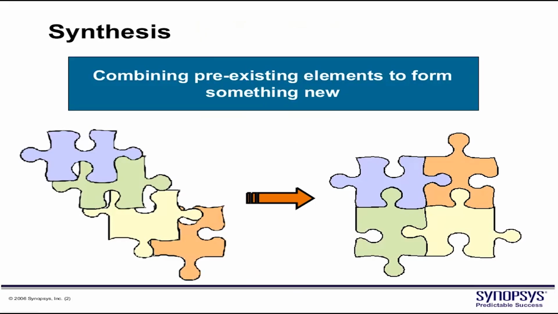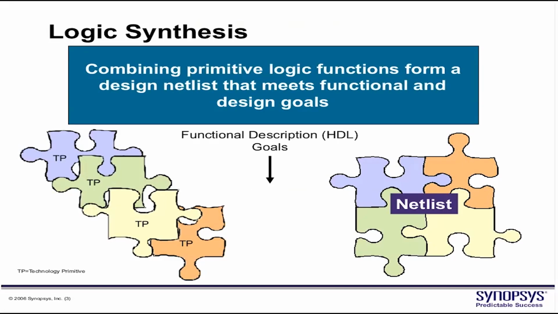So, what is synthesis? Synthesis, by definition, means combining pre-existing elements to form something new. Or in other words, synthesis is nothing but the conversion of an idea into implementation. We introduce one more thing called logic synthesis.